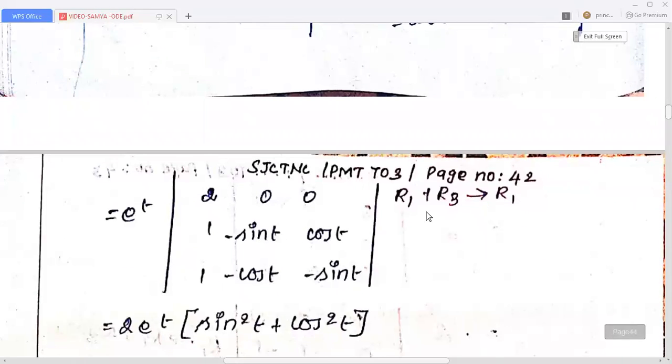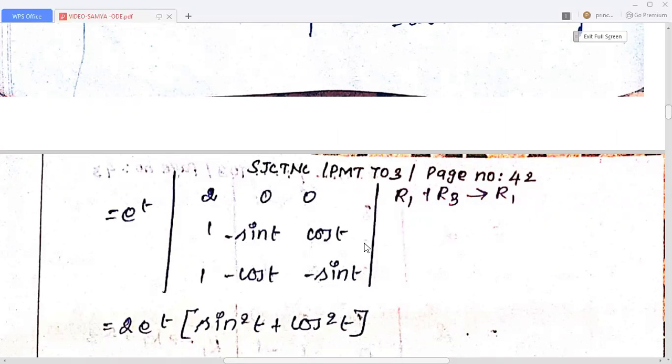That means the rows R1 and R3 are added, and the resultant value is written in row R1. So there is a change only in R1. In R2 and R3, there is no change. So we get 2, 0, 0 in the first row, then 1, minus sin t, cos t, and 1, minus cos t, minus sin t.